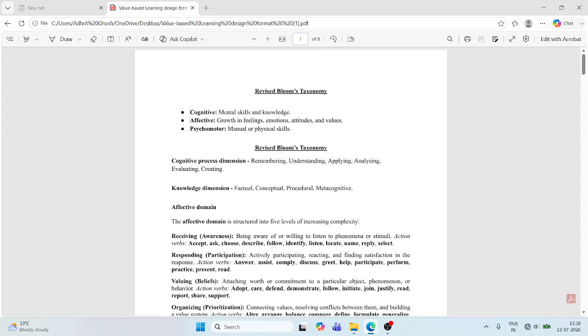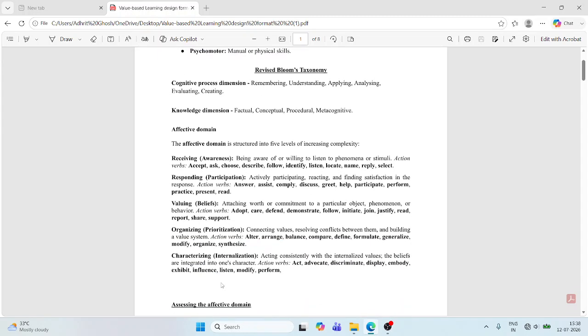Now, value development mainly pertains to the affective domain rather than the cognitive domain. So, we need to know what the affective domain comprises of.